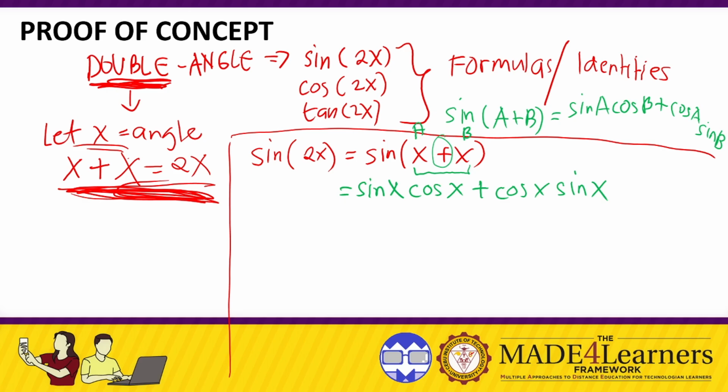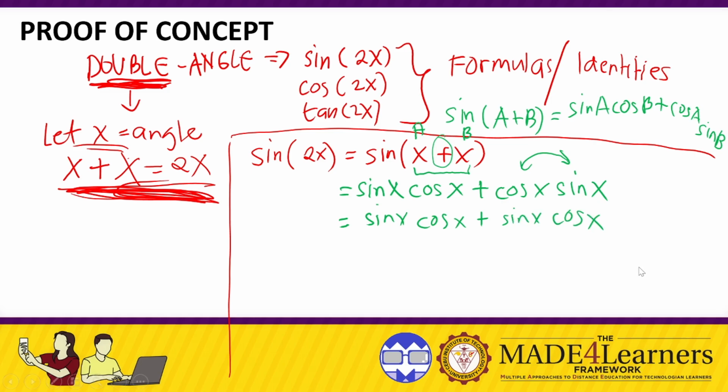If we rearrange, we have sine x cos x, and we can switch places in the second term, because multiplication is commutative. So we have plus sine x cos x.